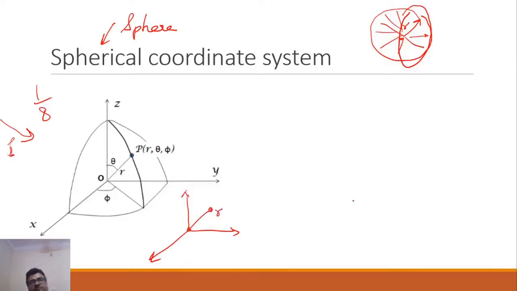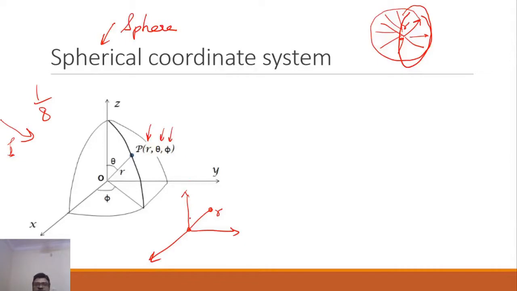But as I told you, only with the radius we can move on all the points on the surface of a sphere, but we cannot restrict its position. So in sphere, only r is there to tell you the complete radius of the sphere, but to restrict yourself on a point on the sphere, we have 2 angles.